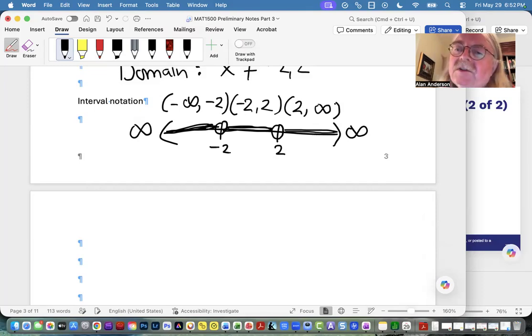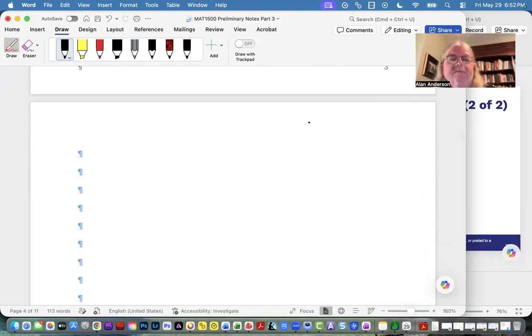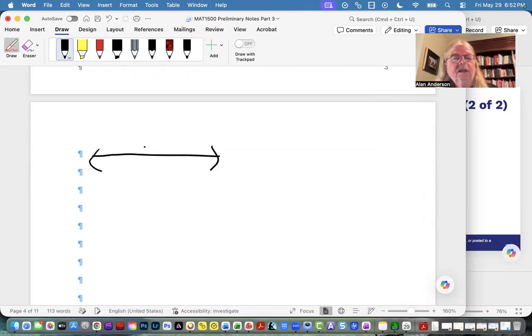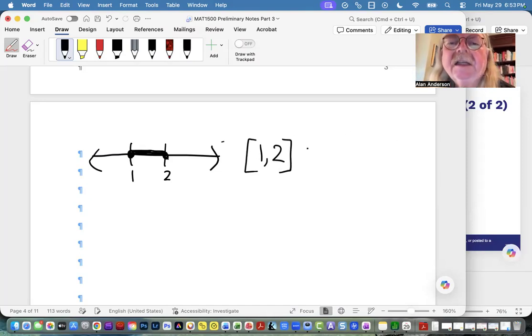All right, so let me just quickly review with you the notation that we use in these cases. If I have an interval, let's say something like this, I want to indicate that I'm including everything from 1 to 2, including both endpoints. I write it with square brackets. Okay.